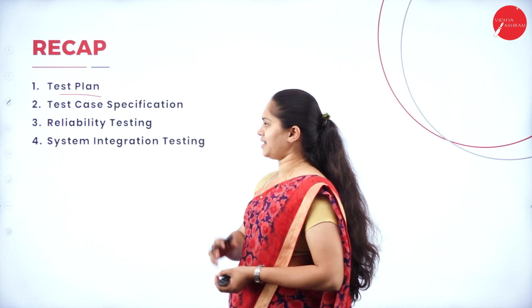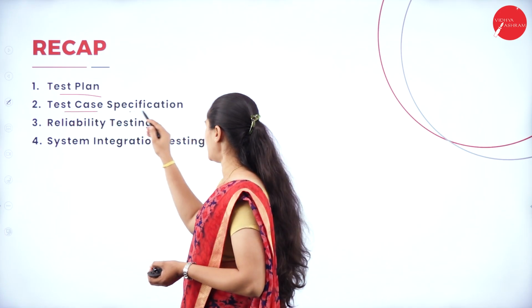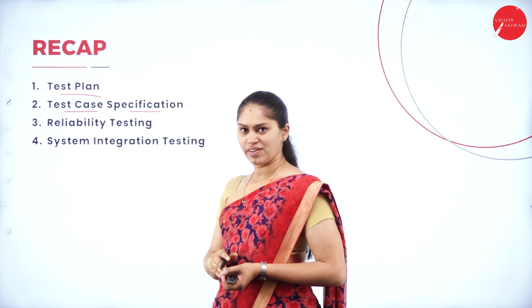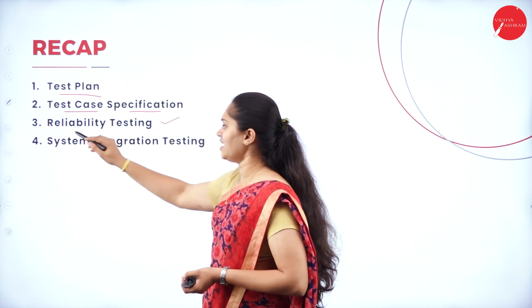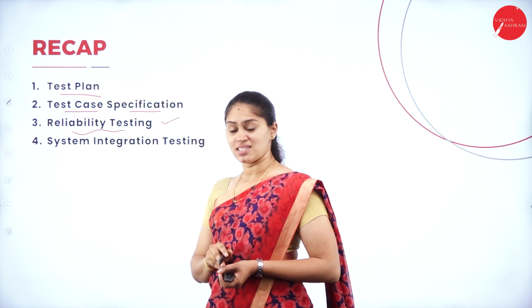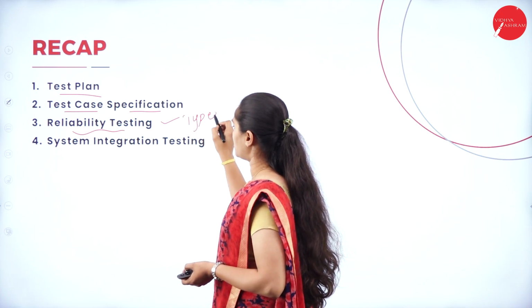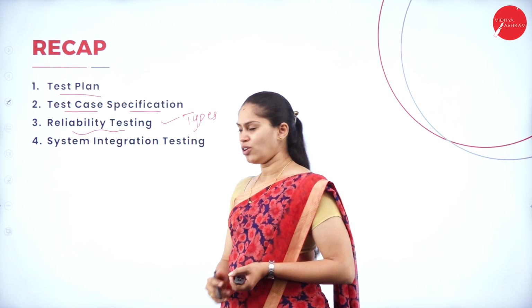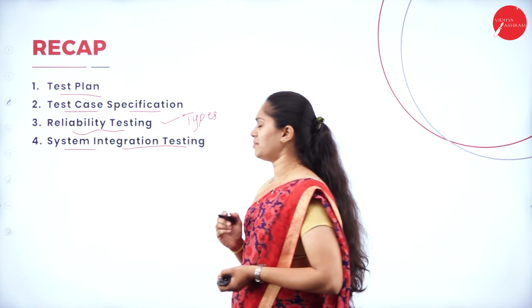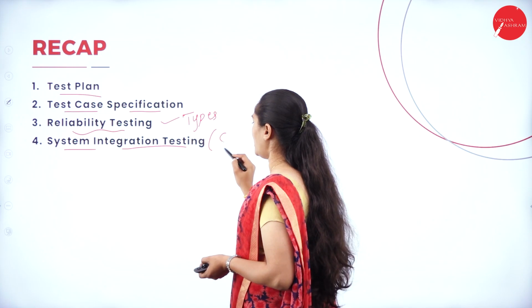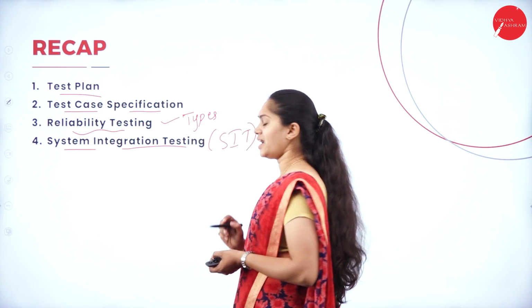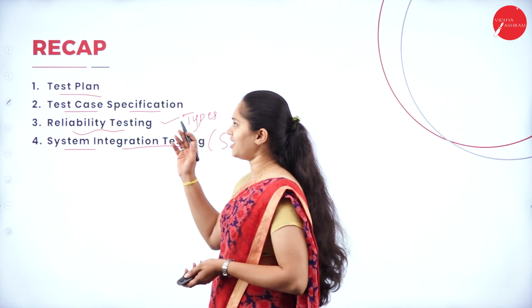Every content will be there in the test plan, and we also discussed test case specification, and what we mean by reliability testing. Under that, I discussed the types we have with respect to reliability testing, and we also got to know what system integration testing is. In short, it is SIT. Right? This is what we discussed in our last session.